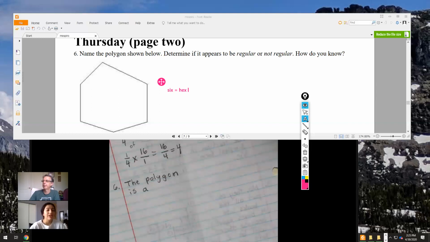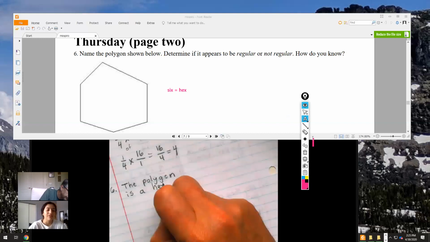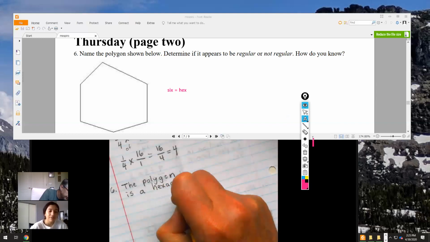And make sure you pay attention to spelling, because just like Mr. Yates has up there, hex means 6. So this one does have 6 sides, so that makes it a hexagon.